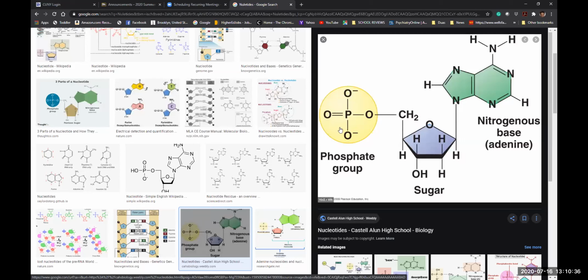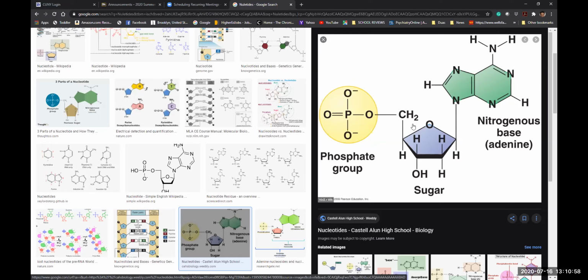Phosphate. You see, phosphate has negative charge. Because of this negative phosphate, the net charge on nucleotide is negative.